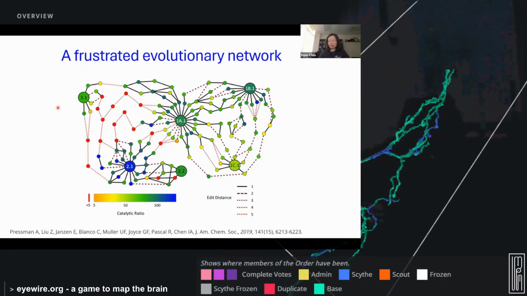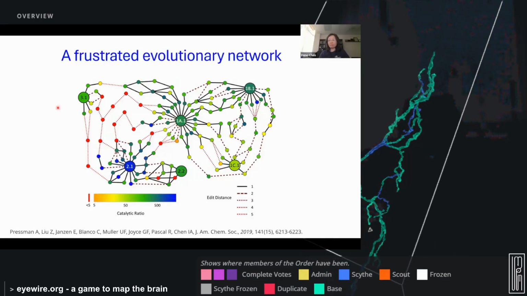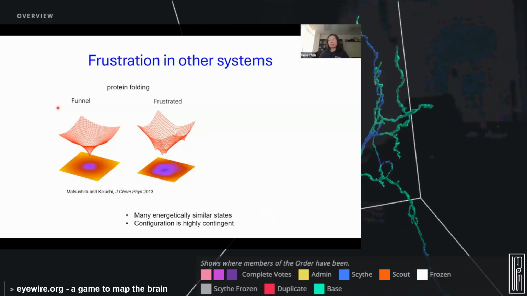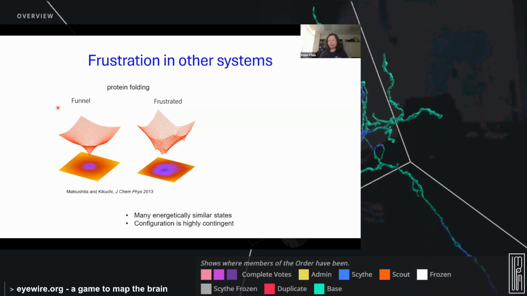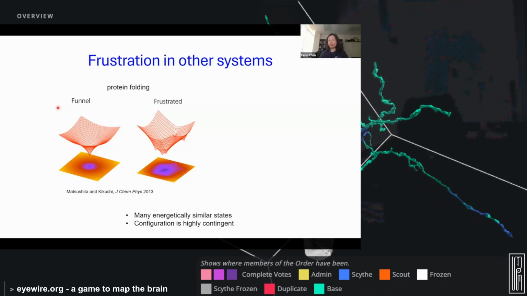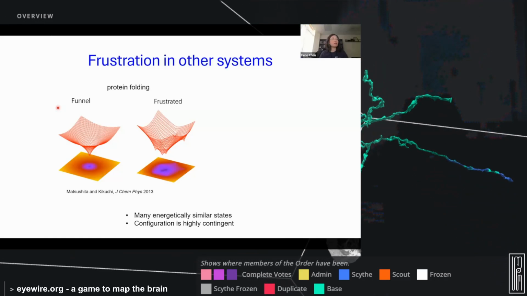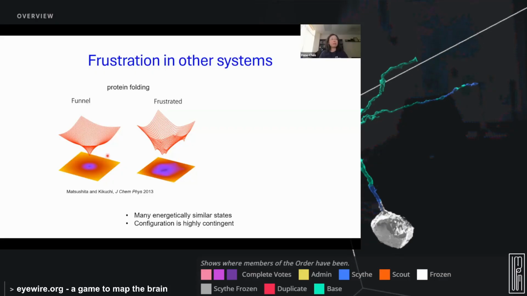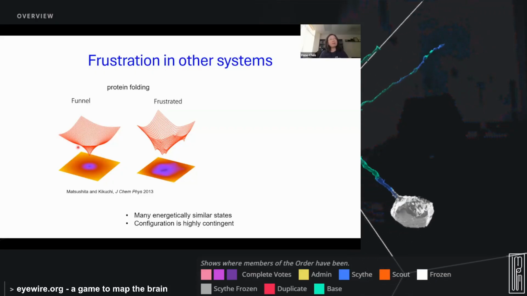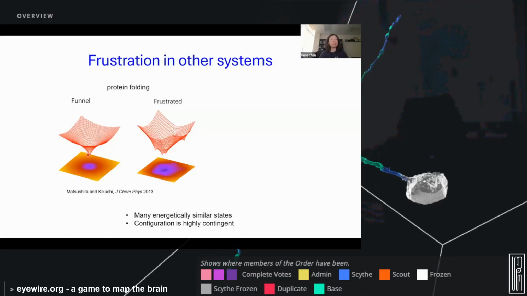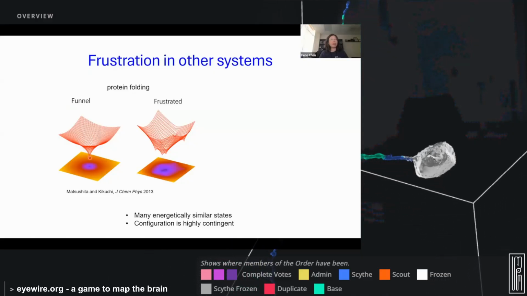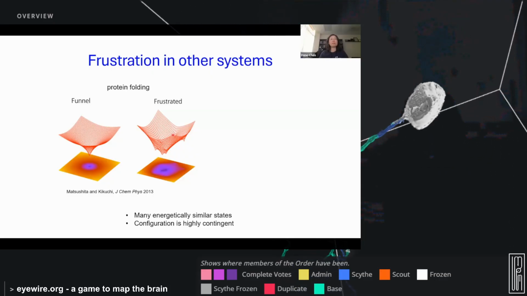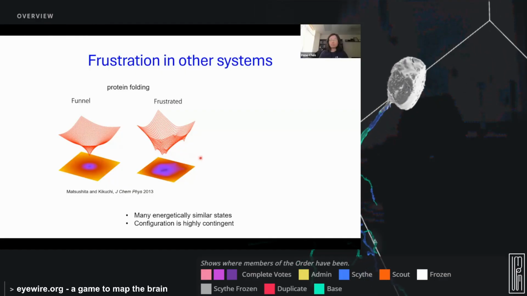So we thought that this indicated a property of frustration for evolution for these small RNAs. And just to connect it to places where you might have seen frustration in other contexts, people also talk about frustration in protein folding, where in the best case scenario you have all the different conformations leading to the lowest energy state, but maybe in reality you have a situation where there are many local optima to get trapped in.